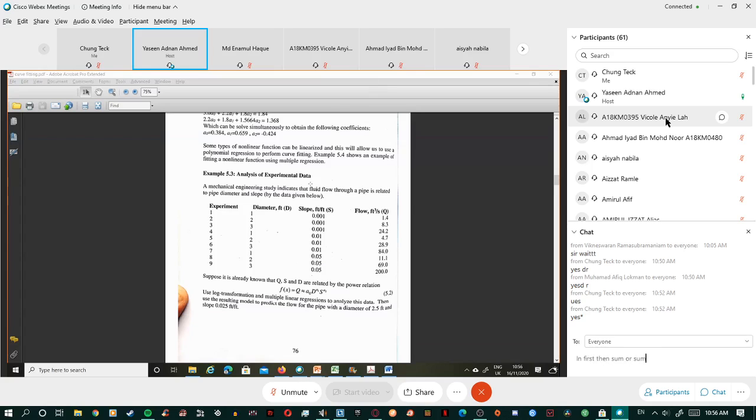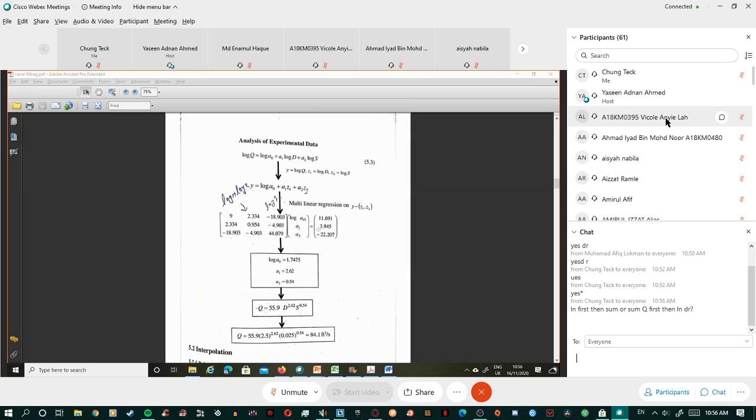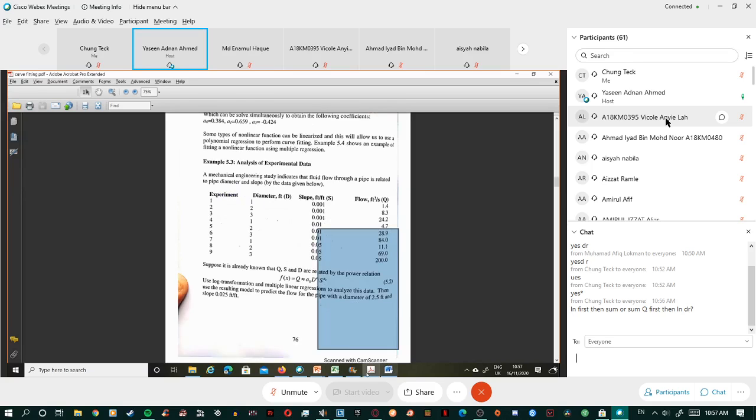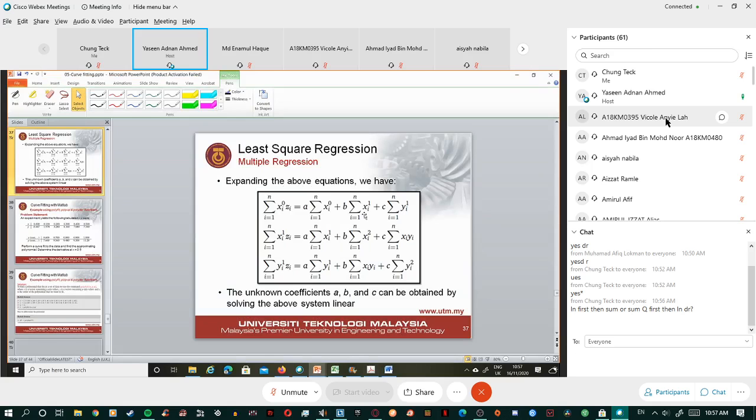How much is this? The first column, then sum, or no, I just ask you this one. You need to write the matrix, whole matrix, right? So in this matrix, we just calculate this one. I just want to give you the sense of how we can calculate.